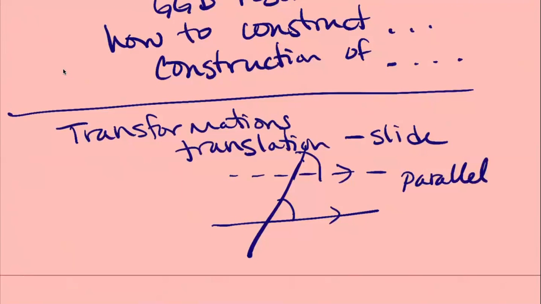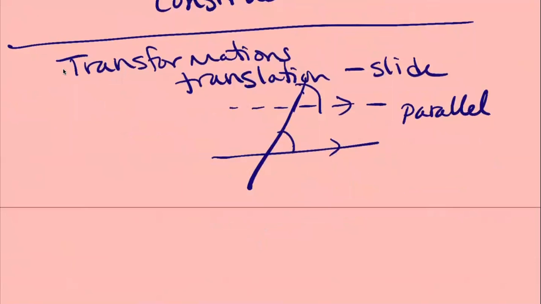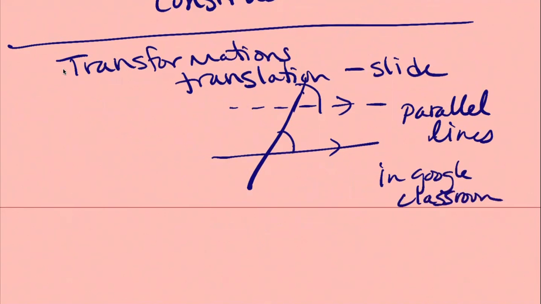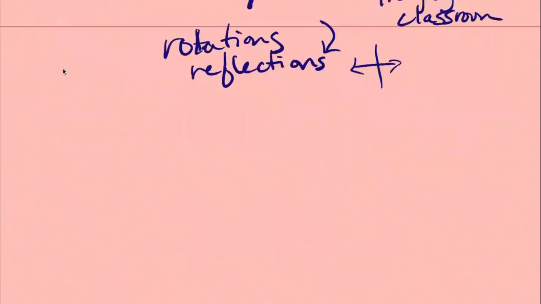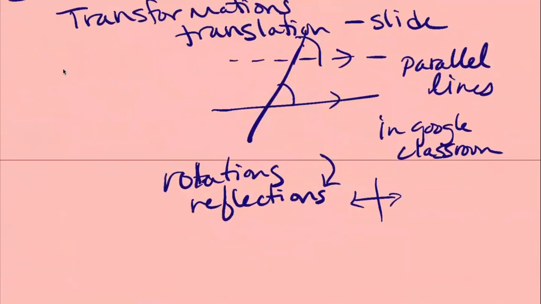So we use that idea of translation to make parallel lines, and I posted directions for how to do that in Google Classroom. And we talked about rotations, and we'll come back to those. And we talked about reflections, and we'll come back to those. So spins and mirrors, right? So we'll talk about those.